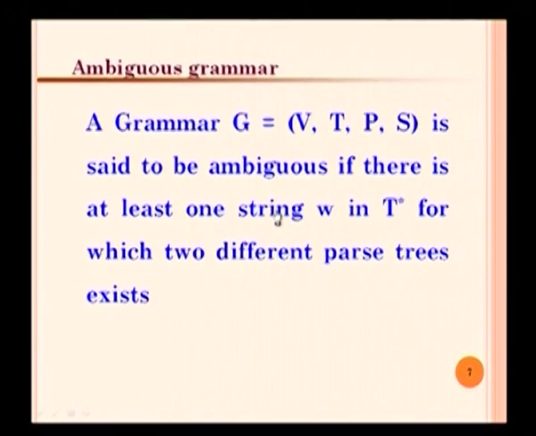We cannot say that for every string there will be more than one parse tree. If you find at least one string w in T star, the closure of the terminal set, for which there are two different parse trees, that is, more than one parse tree exists, then the grammar is immediately called an ambiguous grammar.